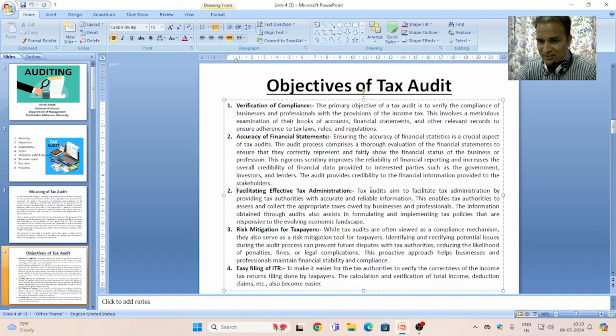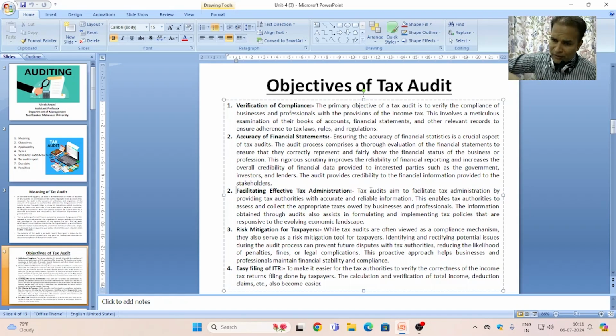This rigorous scrutiny improves the reliability of financial reporting and increases the overall credibility of financial data provided to interested parties such as government, investors, and lenders. The tax audit provides credibility to the financial information provided to the stakeholders.